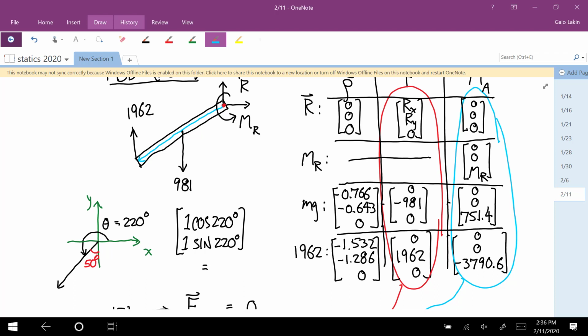And we know that the length of that vector is 2 meters because the beam is 2 meters. And we know that the angle from the x-axis to the vector is 220. So it's going to be 2 times cosine and sine of 220.